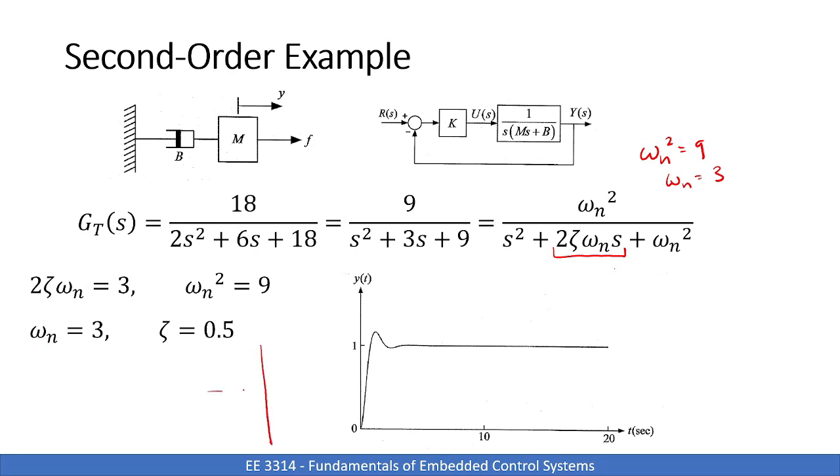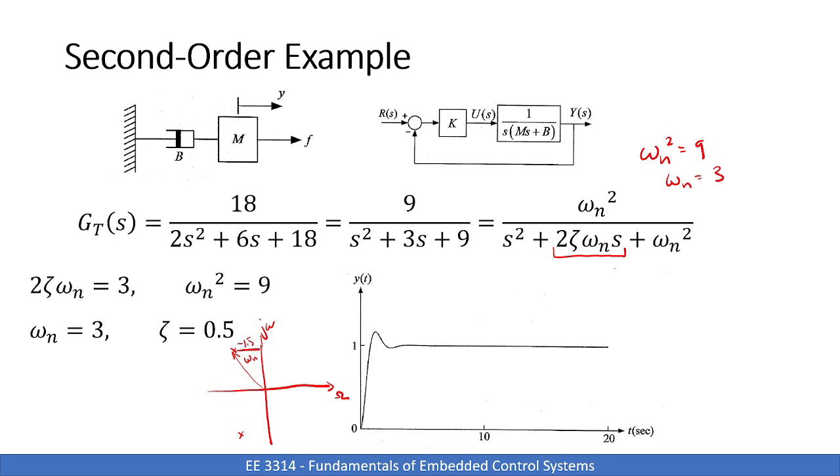So, if we're drawing those in the complex plane, or the Laplace plane, omega n is 3, so our roots would be here, where this is omega sub n, and zeta is 0.5, so 3 times 0.5 is equal to 1.5, so that would be this distance here, right?